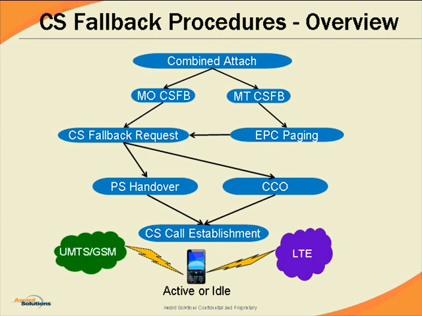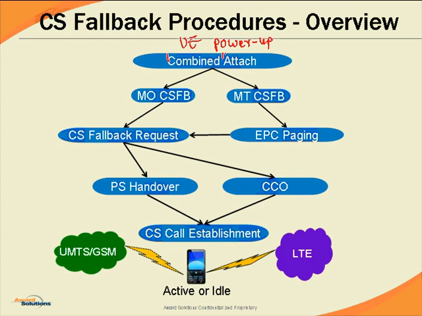Here are the procedures that we support for CS fallback. Okay, first of all, let's power up the device. So then we will normally do attach operation. But since this UE supports CS fallback, we have to do so-called combined attach.